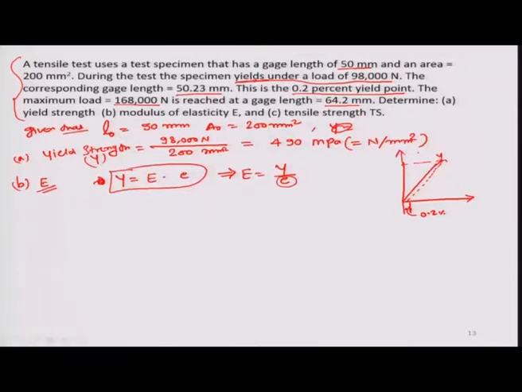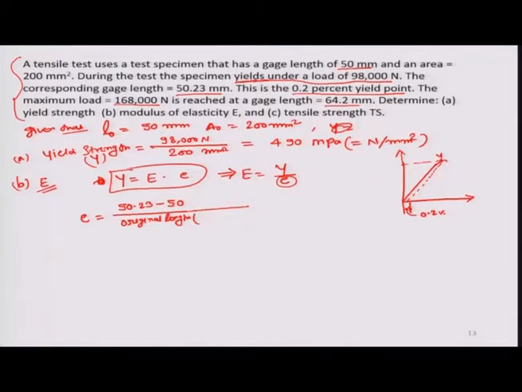Okay. So, if you calculate this strain, the change in length will be 50.23 minus 50, divided by the original length. In this case, what will be the original length?